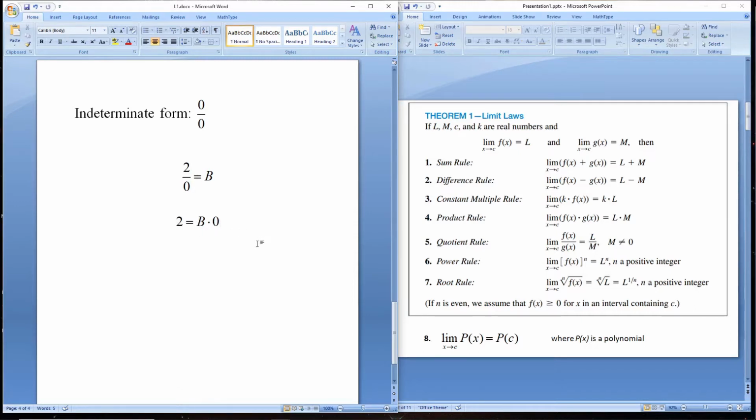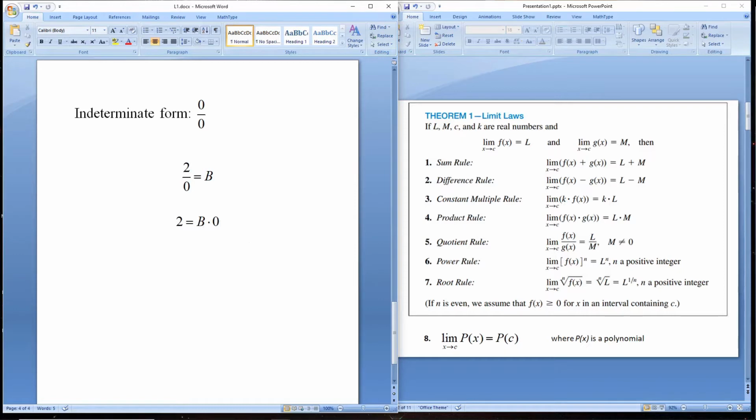And the answer is, well, there isn't. There is no number times 0 that will get you 2. So this equation has no solution, which is then the result of why we say division by 0 is undefined. Because there's no solution. There's no answer for what b can be here. Anything times 0 will be 0. So there's no solution here.